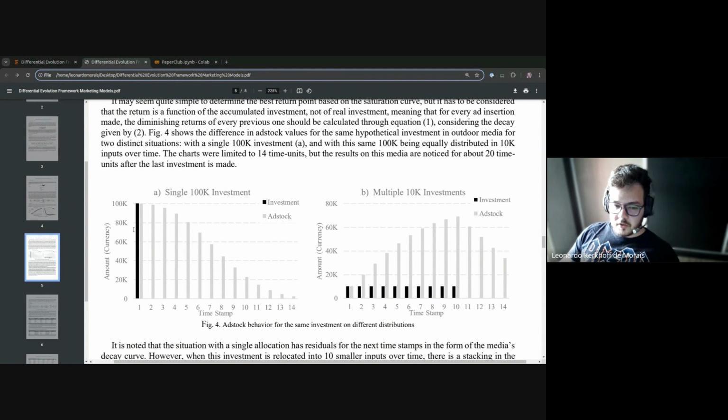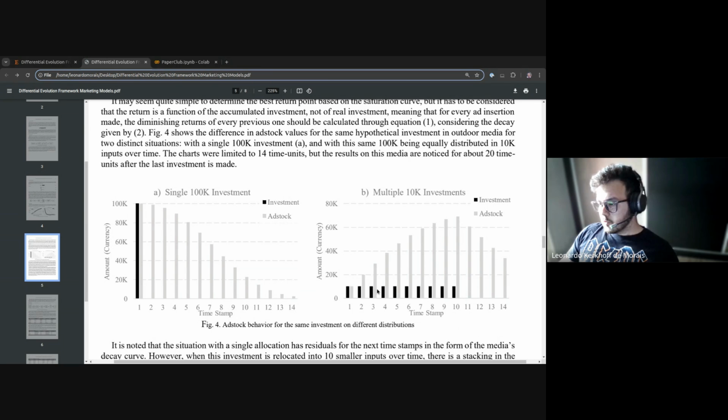In the first case, we have a single investment of 100,000, and we can see in the gray bars how the Adstock decays over time. So here in the black is the real investment, and in the gray ones is like the virtual investment, that is the Adstock. And on the right one, we have 10 little insertions of 10,000, and look at the Adstock, how it is completely different.